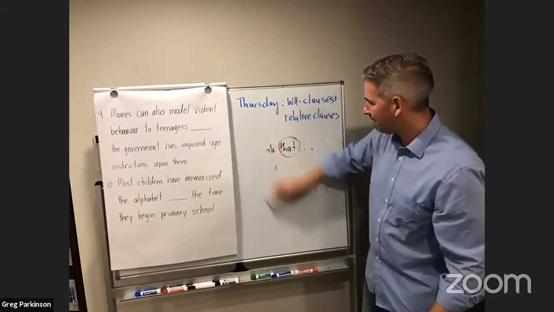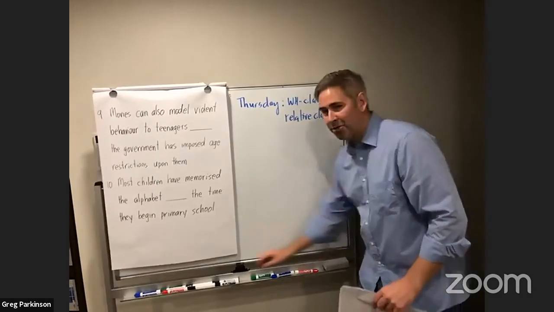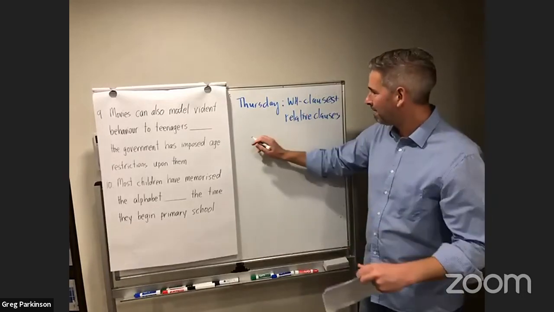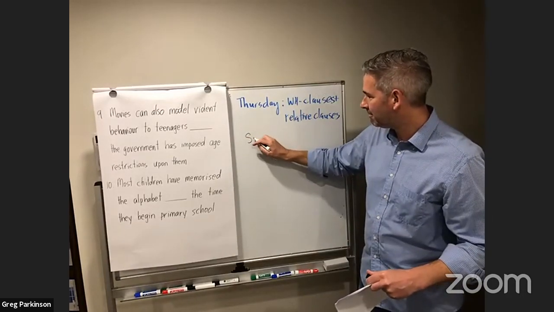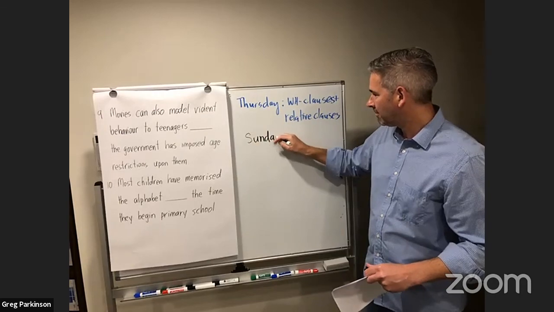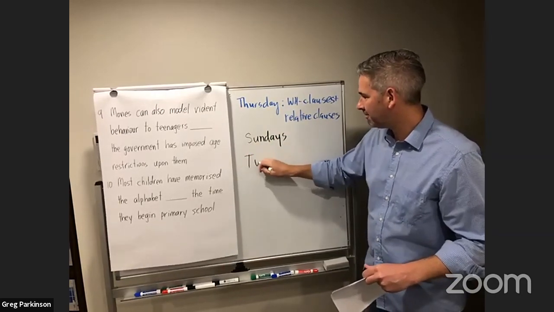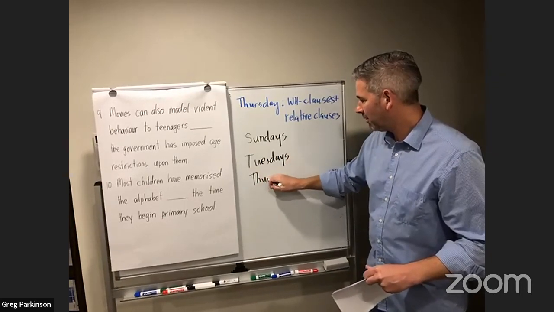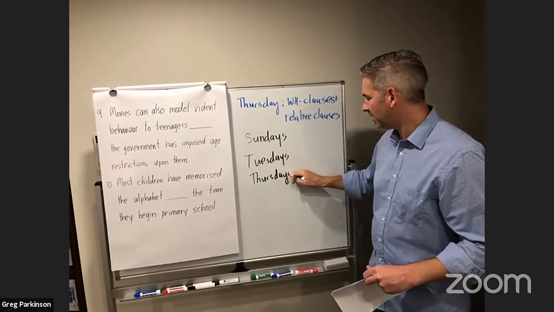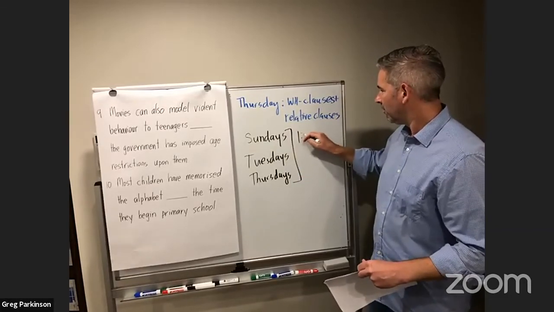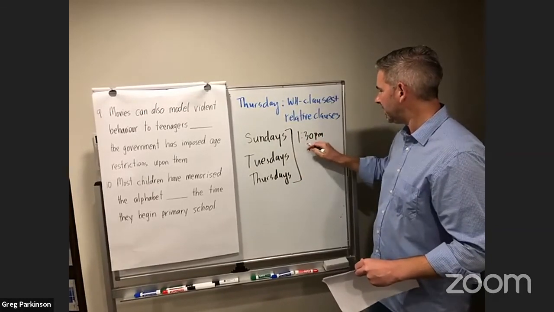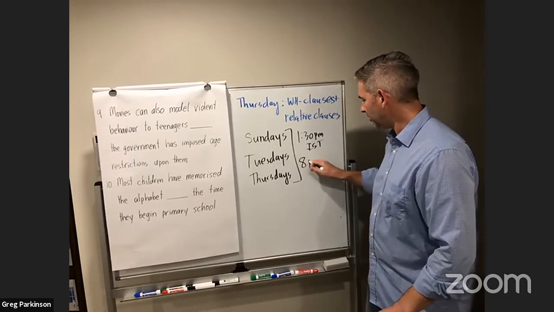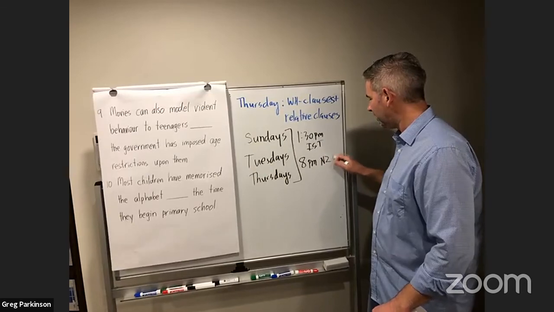The time, same schedule, whether you're using American or British English. It's always Sundays, Tuesdays, Thursdays, 1:30 p.m. Indian Standard Time, where I know so many of you are watching, which is 8 p.m. here in New Zealand.